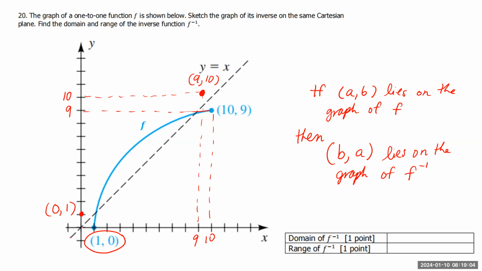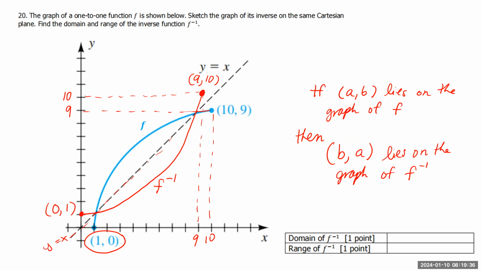Our line of symmetry is the line y equals x. So the blue graph will be reflected there. When we reflect it about this mirror line, it looks like this. The red graph you see on your screen is our graph for f inverse.